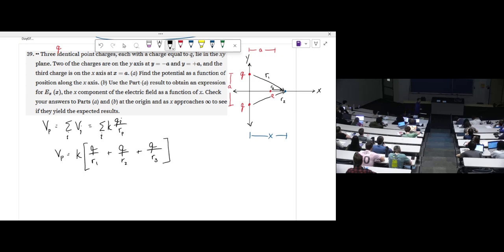Now here's the thing. The electric fields that we talked about before were vectors. Electric potential, on the other hand, is a scalar, and so we can add these values directly. The other thing to consider in terms of electric field versus electric potential is that the sign of the electric potential, at least for point charges, is determined by the charge. Positive charges mean positive potential, negative charges mean negative potential.